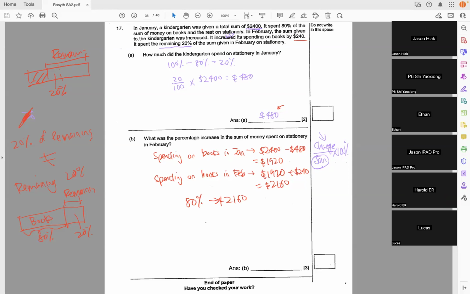So 20% will be 2160 divided by 4, which is 540. Why do I look for 20%? Because over here it says the remaining 20% is on stationery. So this is the amount on stationery in February, right?